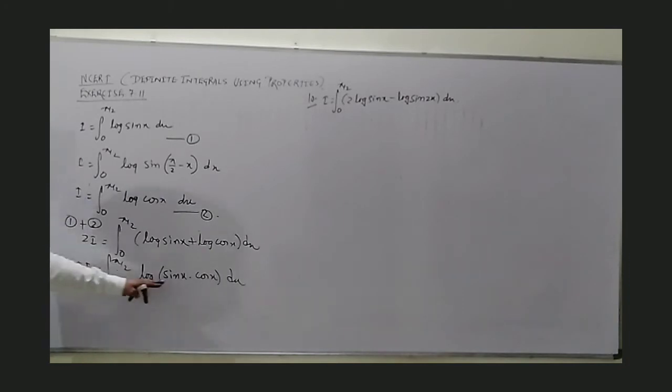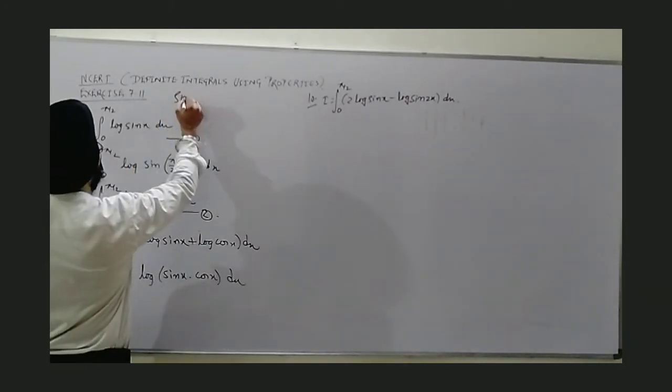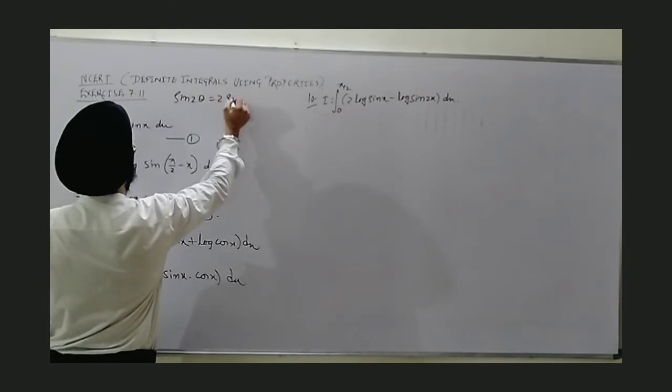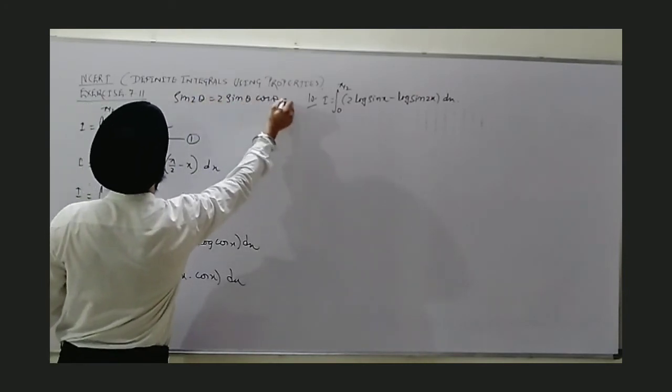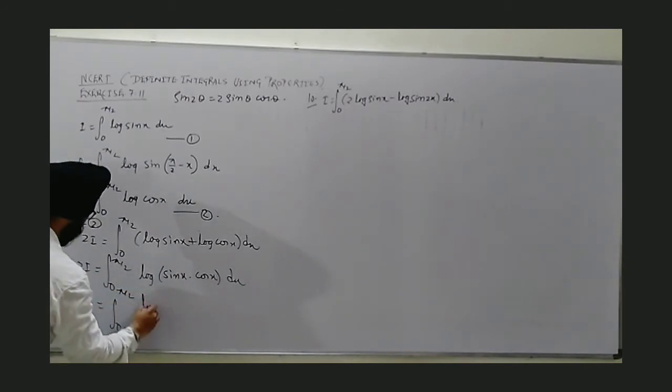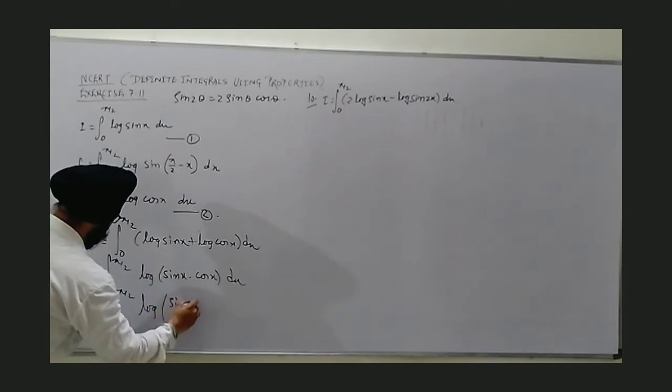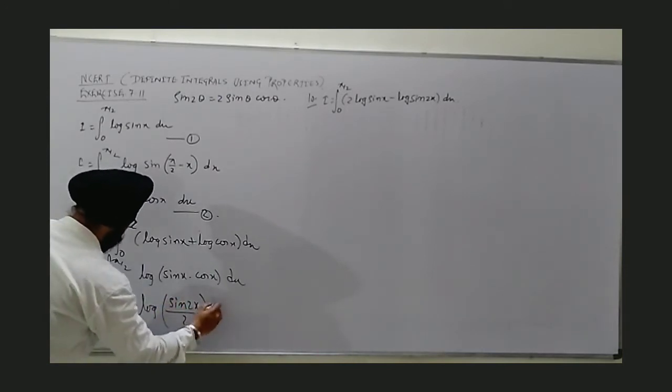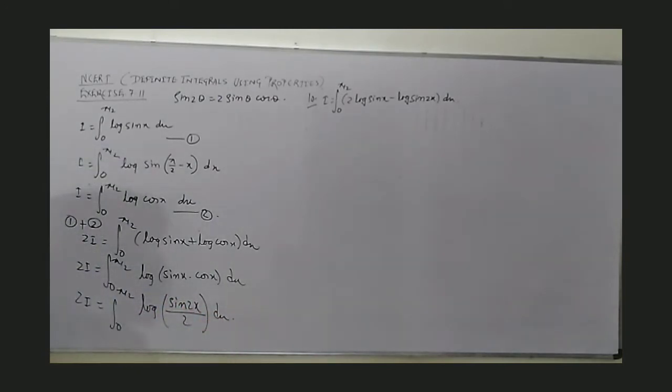But we know by the identity of sin 2 theta is 2 sin theta cos theta, so sin x cos x can be written as log of sin 2x upon 2 dx.